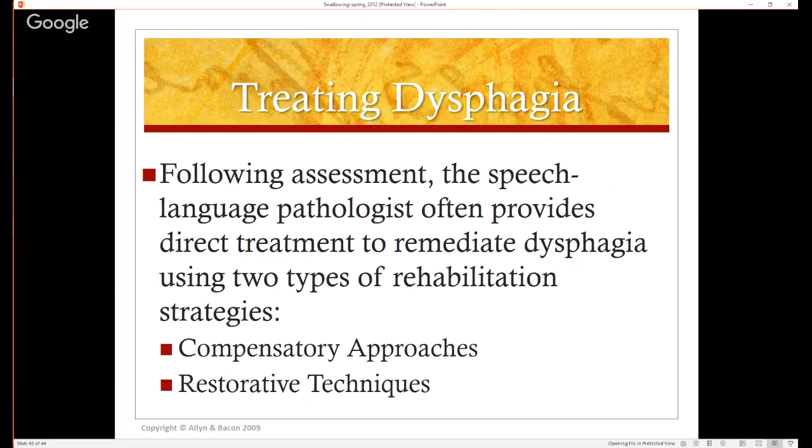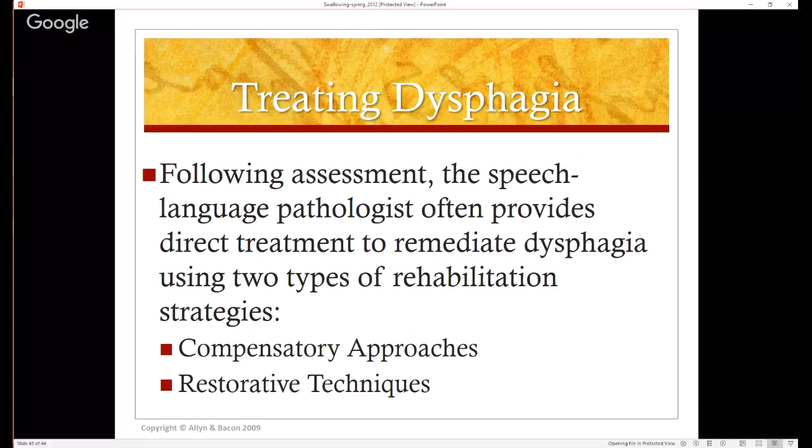For example, during meals, the SLP might place a mirror in front of clients who experience oral leakage of foods or who pack food so that they can monitor and correct the problem. Or the SLP might help clients with left facial weakness place food on the stronger right side of their mouth during the oral preparatory phase.